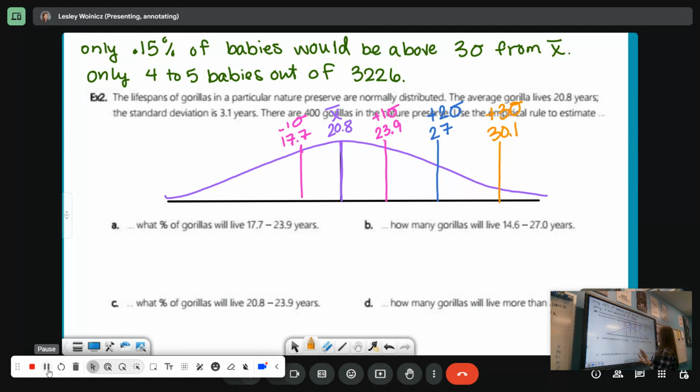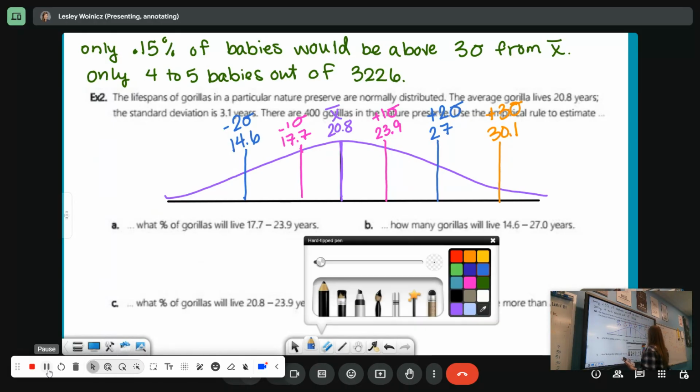Okay, I tried to get these kind of even, but it's looking a little bit lopsided. So that is user error. Okay. So now I'm doing 17.7, and I'm subtracting 3.1 to get my minus 2 standard deviations. So this is minus 2 standard deviations, and I'm getting 14.6.